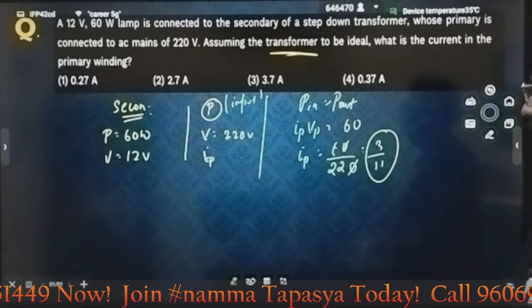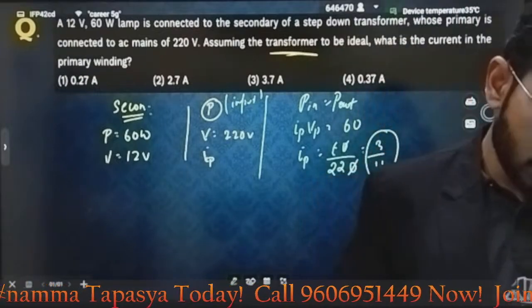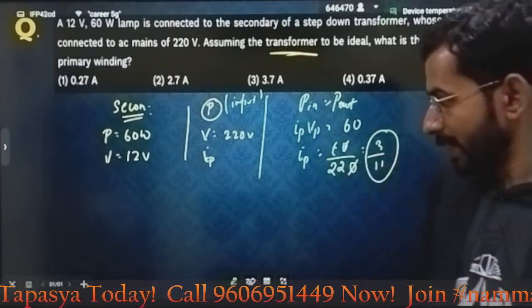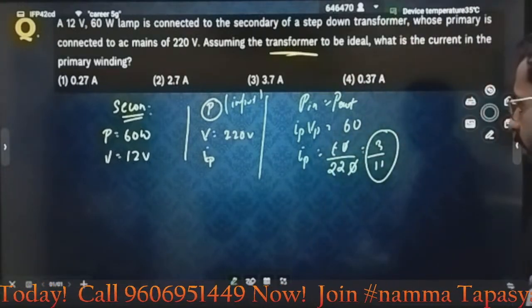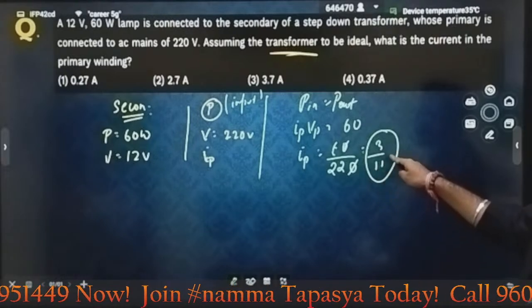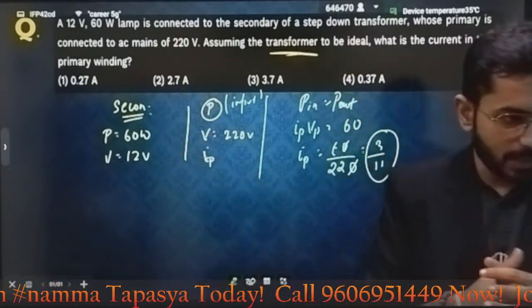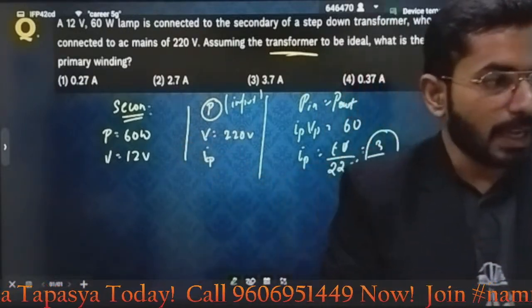Calculate it, and then tell me. 3 by 11 will be roughly 0.3. If it were 3 by 10, it would be 0.3, but since it is 11, it will be even lesser than 0.3. If I have to judge this answer, how would I judge it? Understand this, it is important.